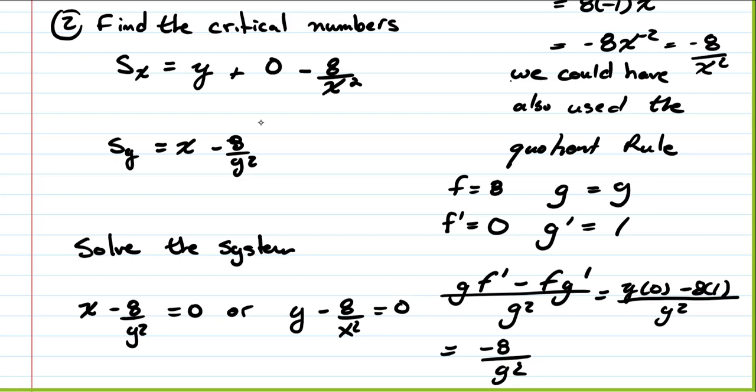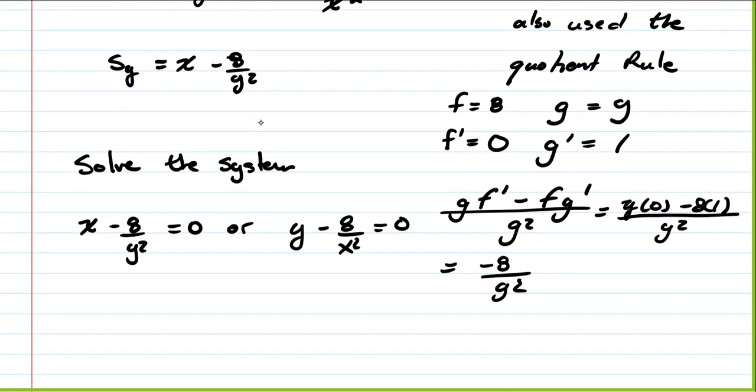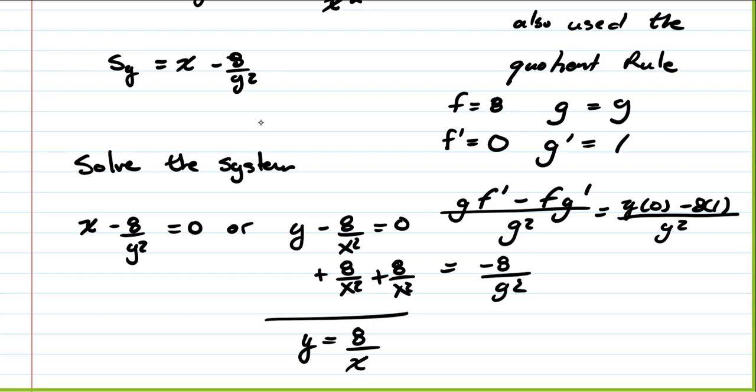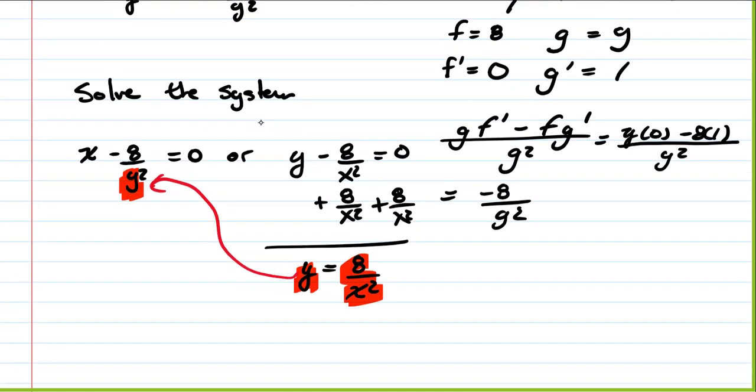So once again, there are many methods that we could use to resolve this. So substitution, I'm going to solve the second equation for y, giving me y equals 8 over x squared. And then I'm going to substitute that into the first equation.